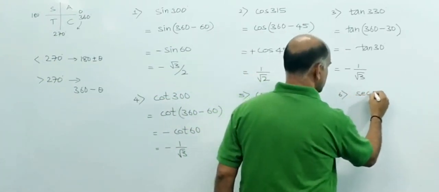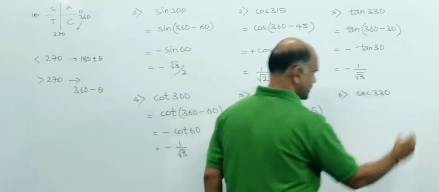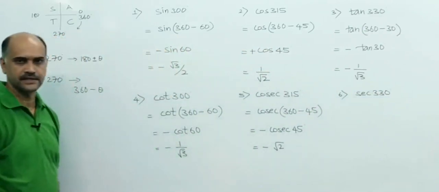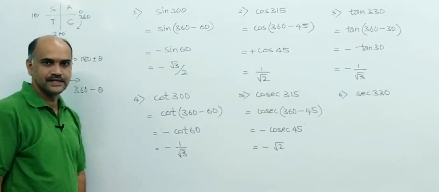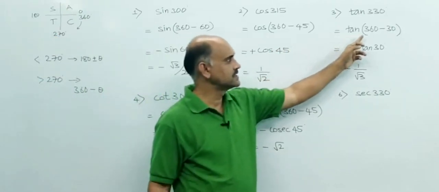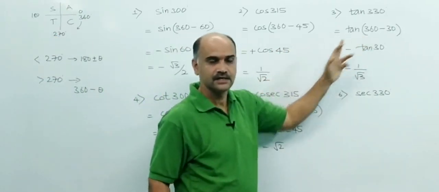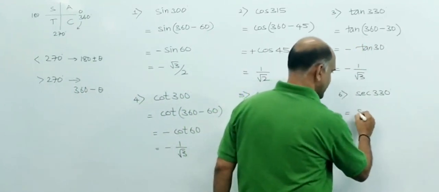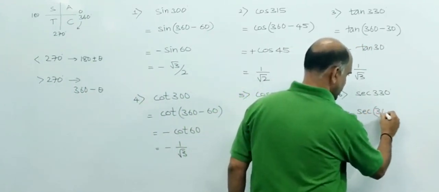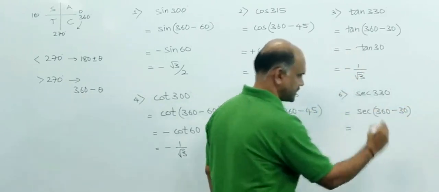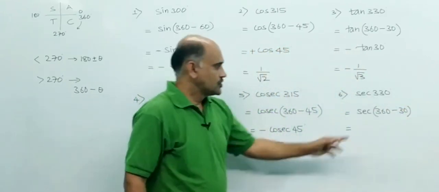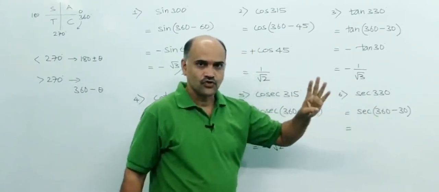Similarly, sixth you can try. Secant 330 degree. Now 330 can be written as 360 minus 30. So I will write it as secant 360 minus 30. 360 minus means fourth quadrant.